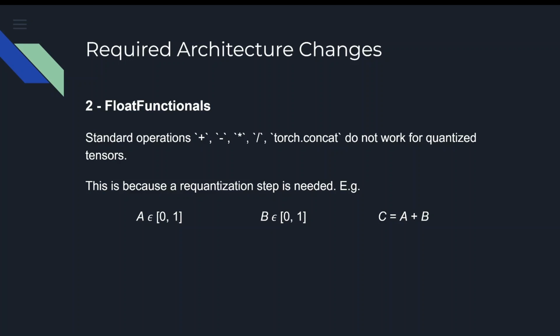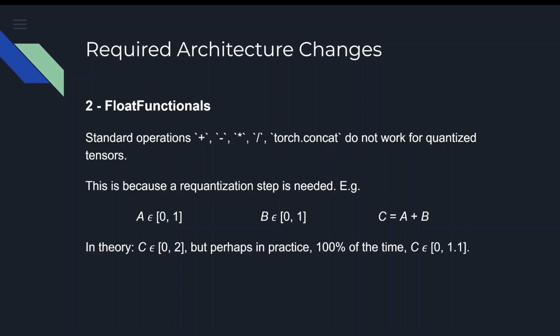So let's say we have a tensor A that has a dynamic range between 0 and 1, and a tensor B which has the same dynamic range, and then you just do C equals A plus B. What quantization parameters should C have? Well, in theory, the dynamic range could be from 0 to 2, right? So you could just have some sort of automatic quantization parameters where you set that automatically, it's going to be 0 to 2.